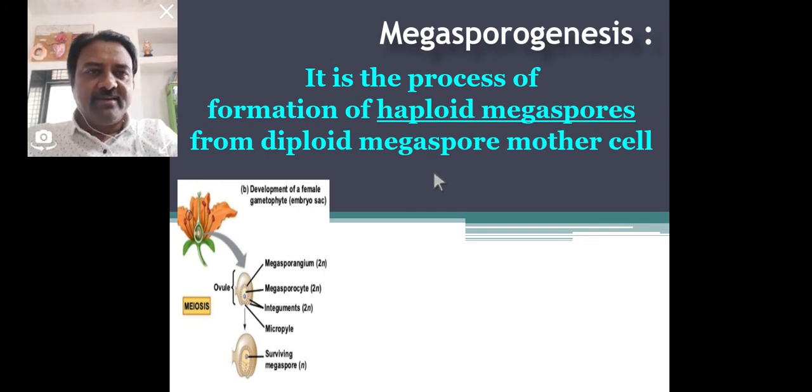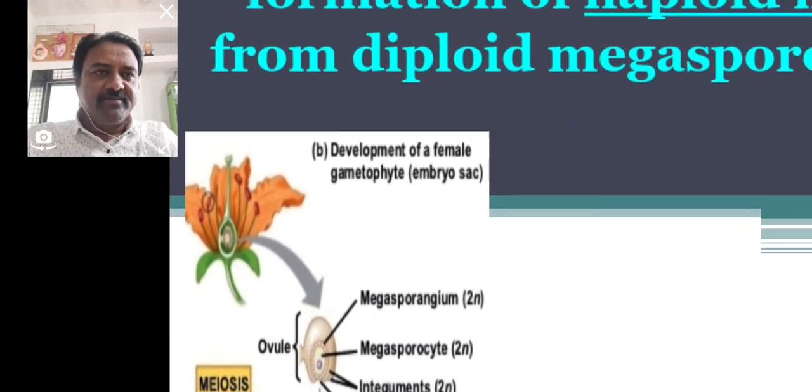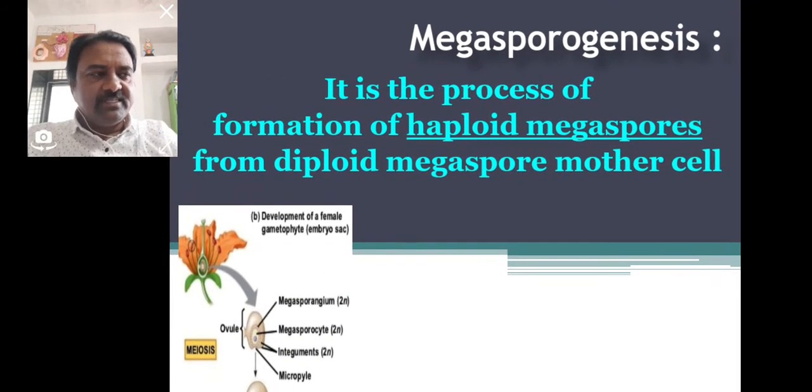Look at this figure. This is the flower and this one is the ovary, containing the ovule. No doubt you know that the ovule contains megaspore mother cells, which are diploid and undergo meiosis to form megaspores.